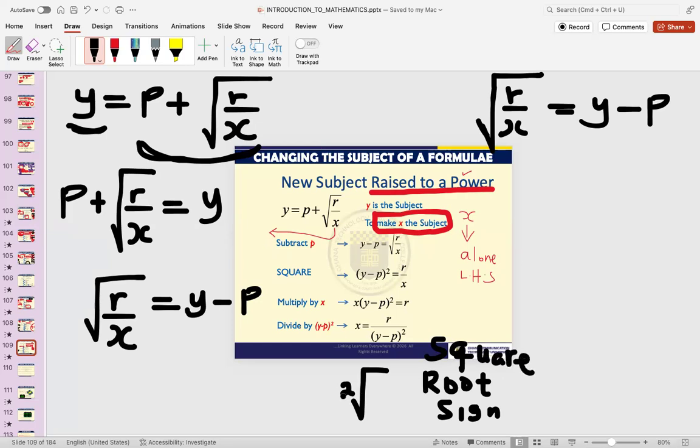But in many books, sometimes they do not bring the small 2 you are seeing here. They just write the sign this way as square root. But actually, there is some 2 hiding here which we don't write. So this that you are seeing, there's a small 2 hiding here, which we can write, which normally is not written.